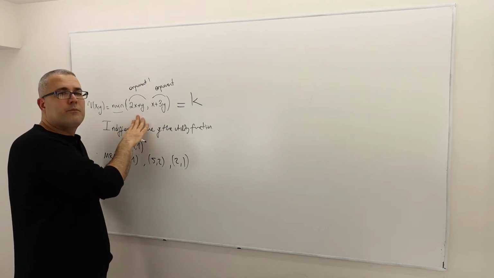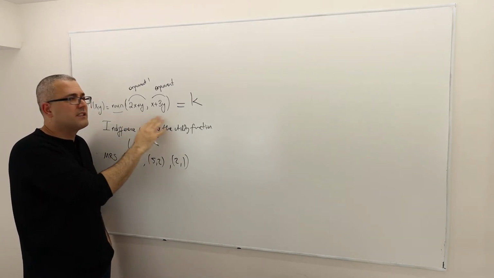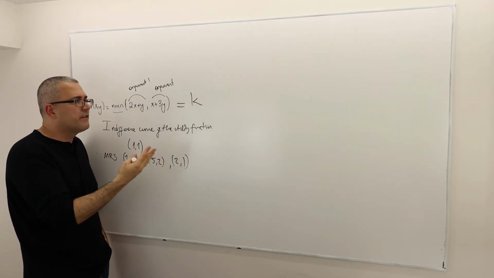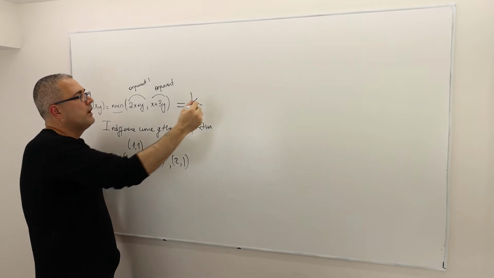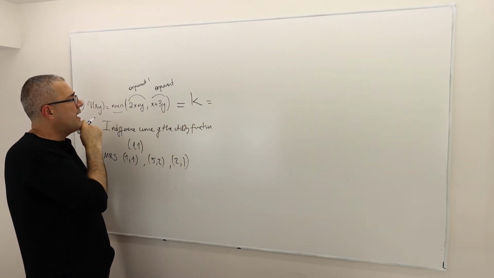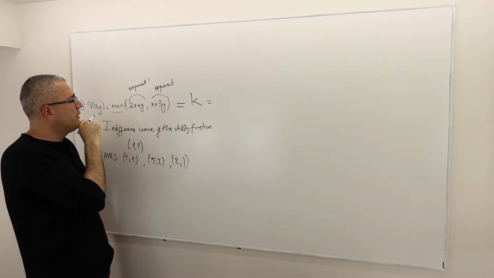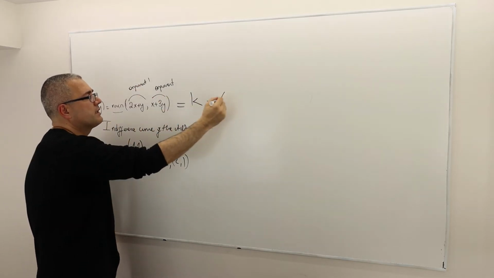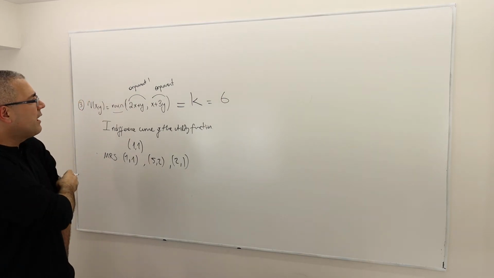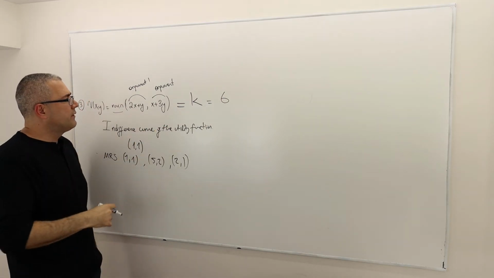Can I assume a specific x and a specific y? You can't, because you're trying to create an indifference curve. What you can do is pick a specific number for k. Let me pick k divisible by 2 and 3, for example, 6. You'll see why.